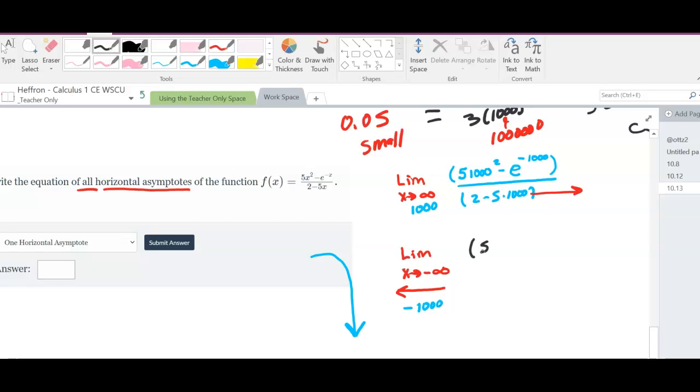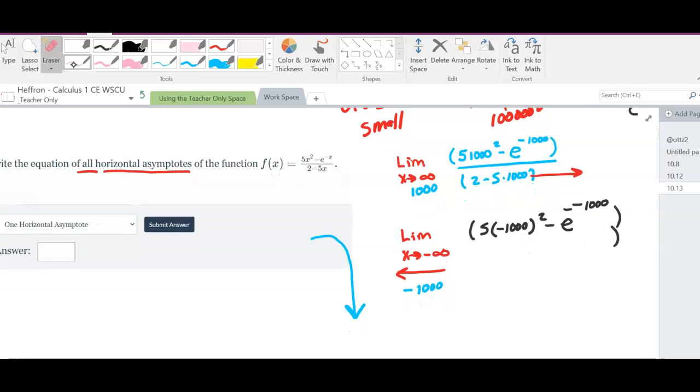So we will have 5 parentheses negative infinity, or I'm sorry, negative 1000 squared minus e to the negative 1000, all over 2 minus 5 times negative 1000.